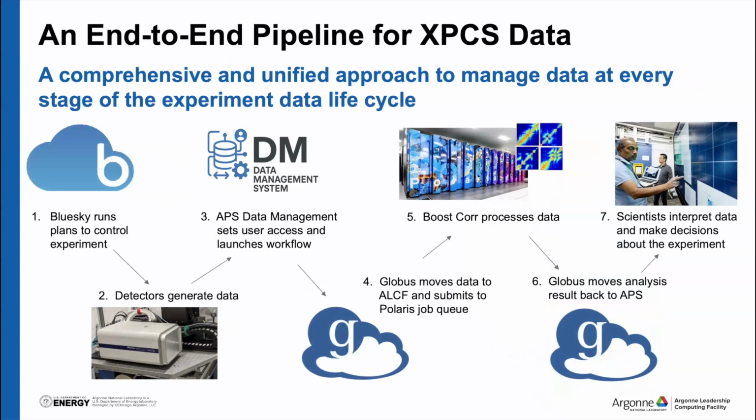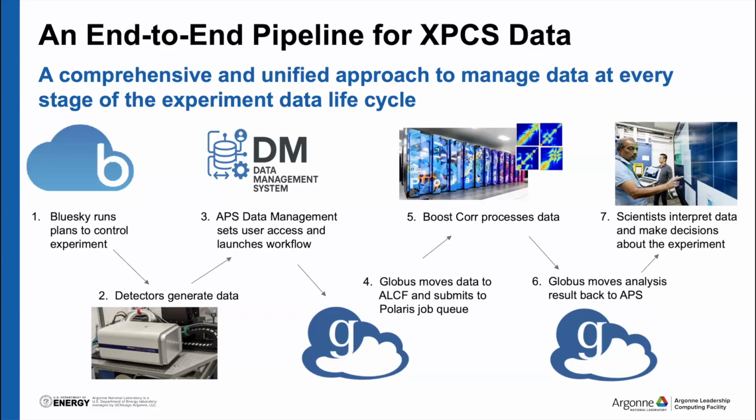This will trigger the detectors to generate the data, to collect whatever it is that they're looking at. And then from there, the Bluesky software will interface with our data management system that we have at the APS. This data management system is keeping track of information about the experiment and also where that data lives.